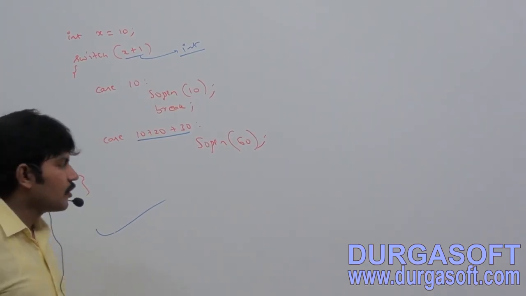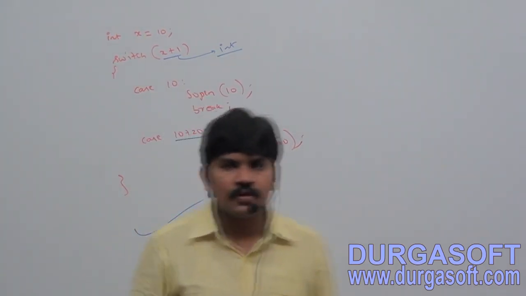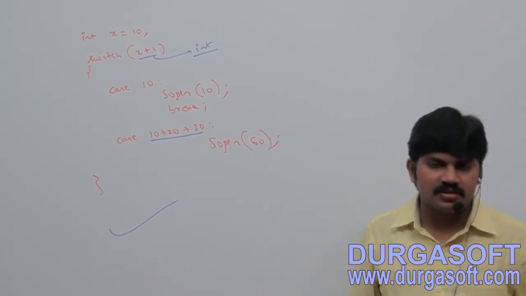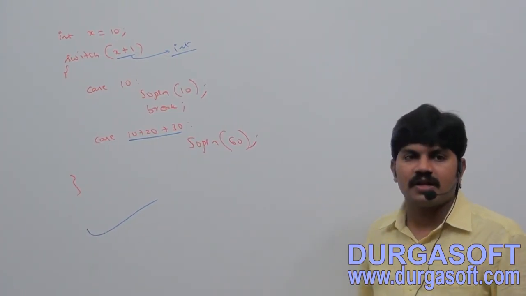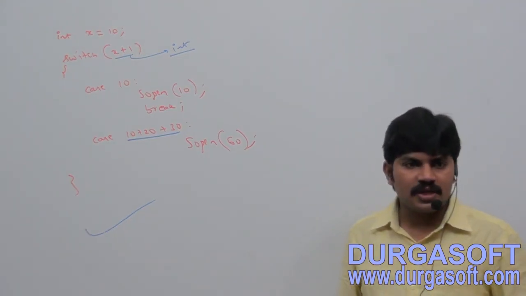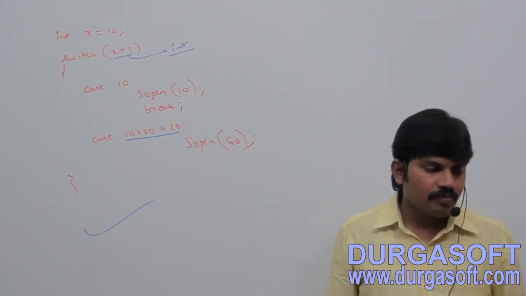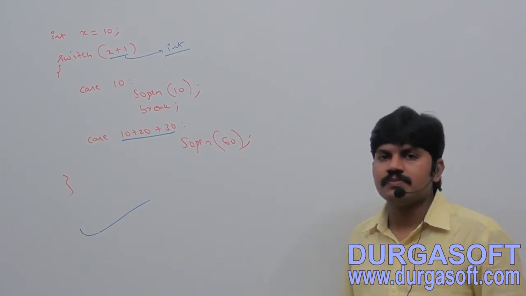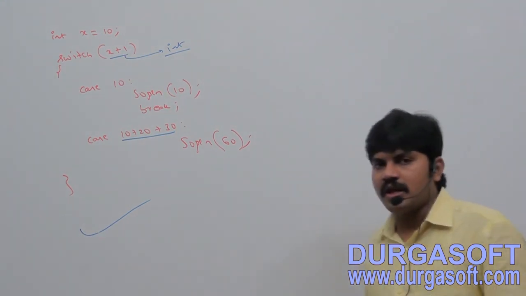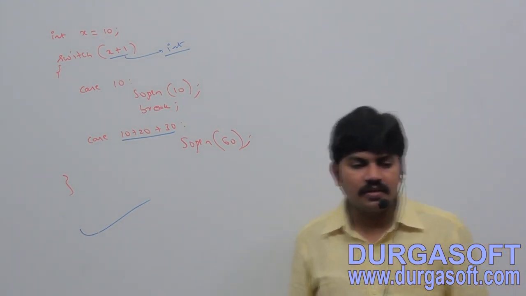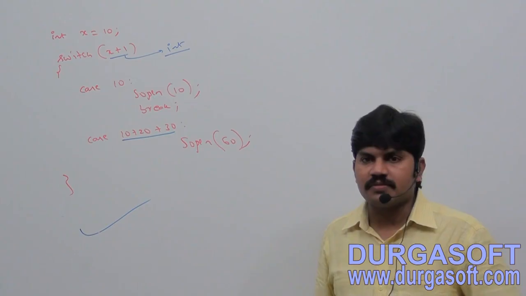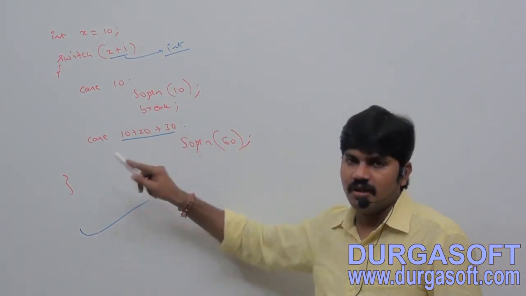Both the switch argument and the case label can be expressions, but the case label should be a constant expression.